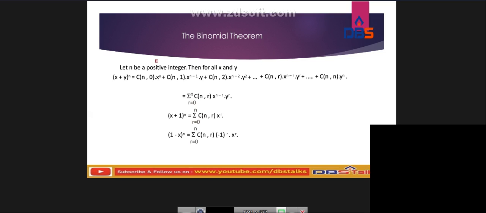Then (x + 1)^n = sigma r = 0 to n C(n,r) x^r.